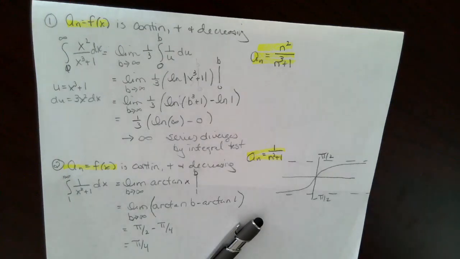0 to 1. Then we integrate it. So the 1/3 can be out. 1/3 times the limit of.